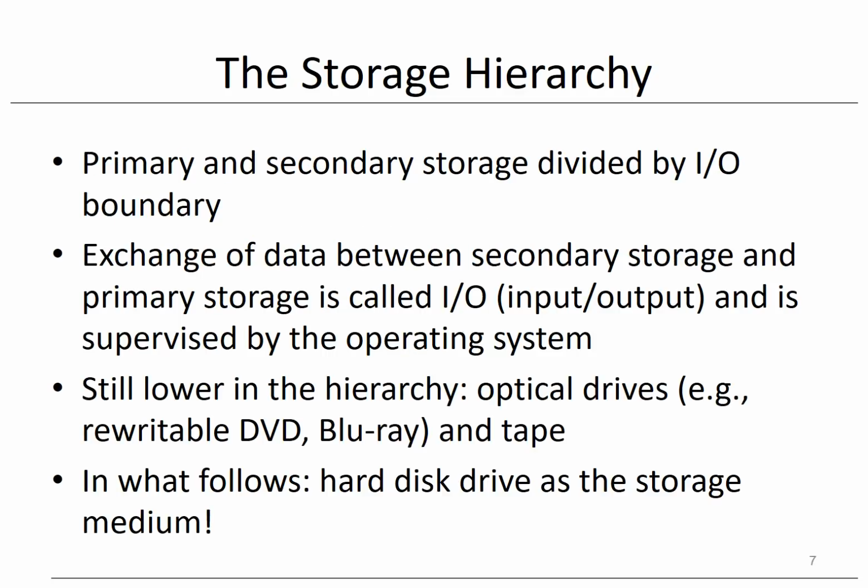Primary and secondary storage are divided by what is known as the I/O boundary. This means that all memory above this boundary, although slower than the CPU, still operates at speeds that make it efficient for the CPU to wait until data is retrieved from primary storage. In comparison, secondary storage is much slower.